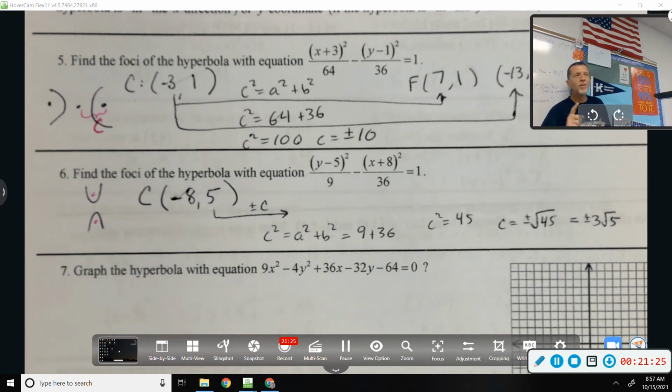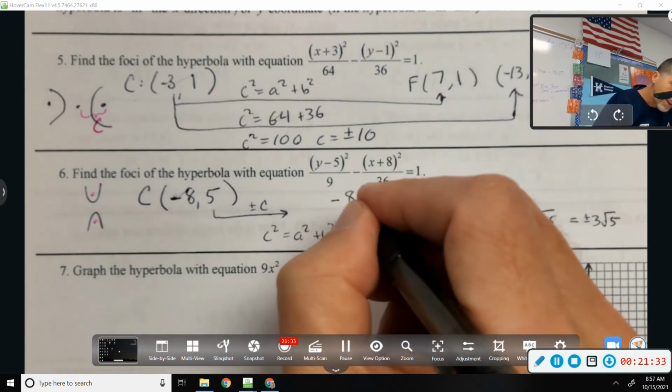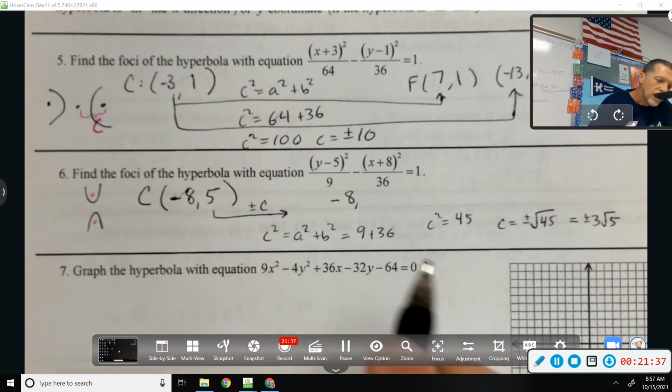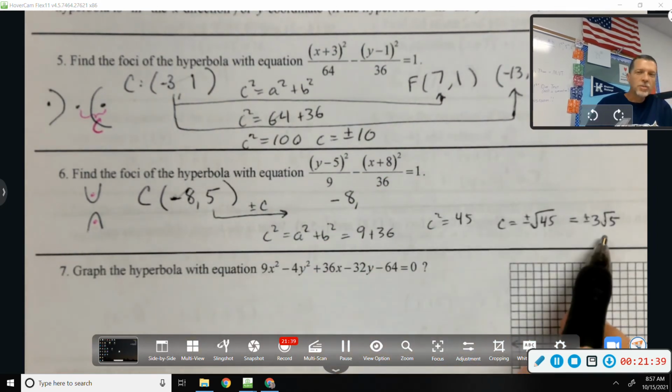Do you remember on the ellipses, there's another little shortcut here. You can leave it as that and just write it as 1. So -8, comma, I want to change the y value. So is it -8, comma, plus or minus 3 root 5?